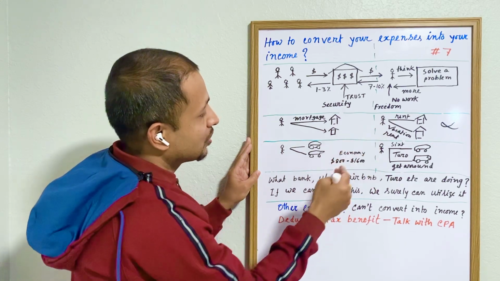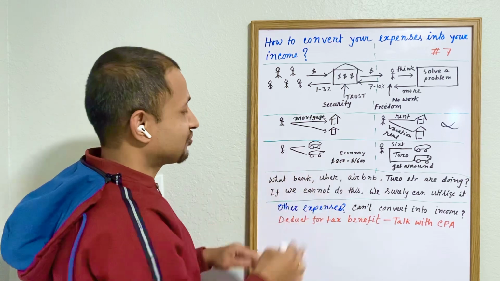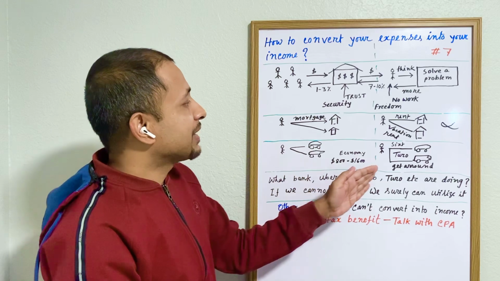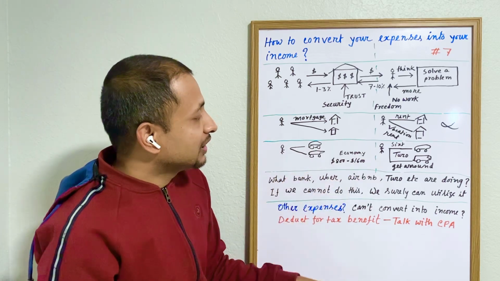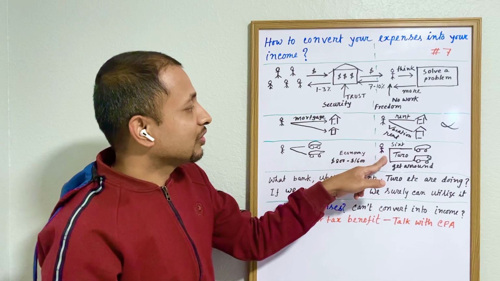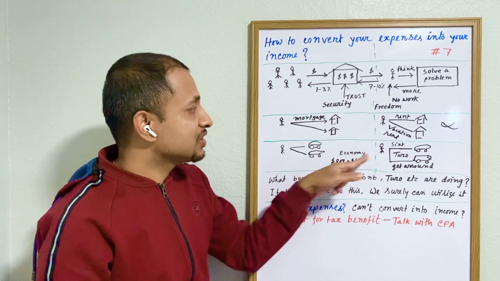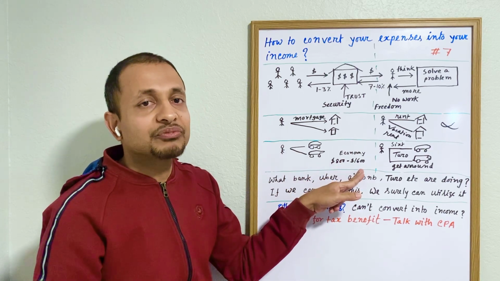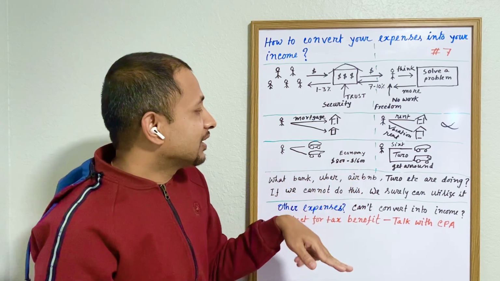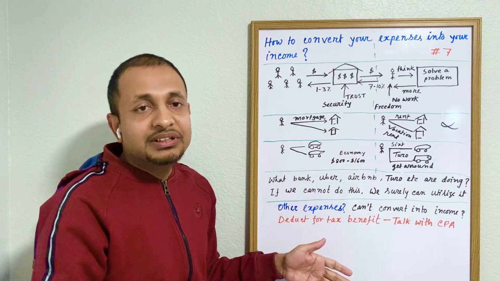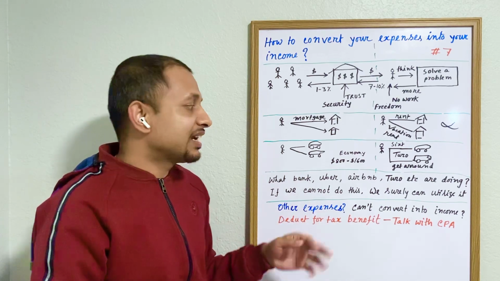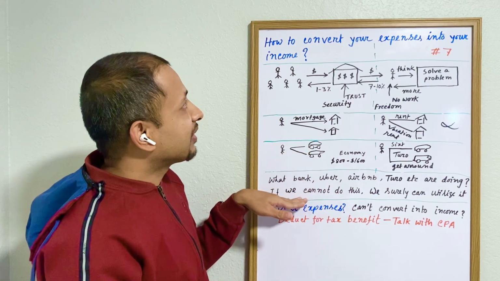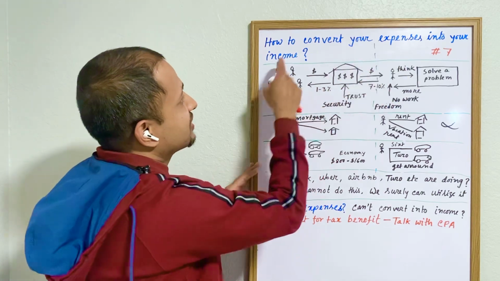What we can do is easily utilize their systems. For example, if we cannot make a system like Turo, we can utilize theirs and make about $800 to $1,600 per month from our car. If you can make a better system, that's excellent. But if we cannot, at least we can utilize their system and get our expenses converted into income.